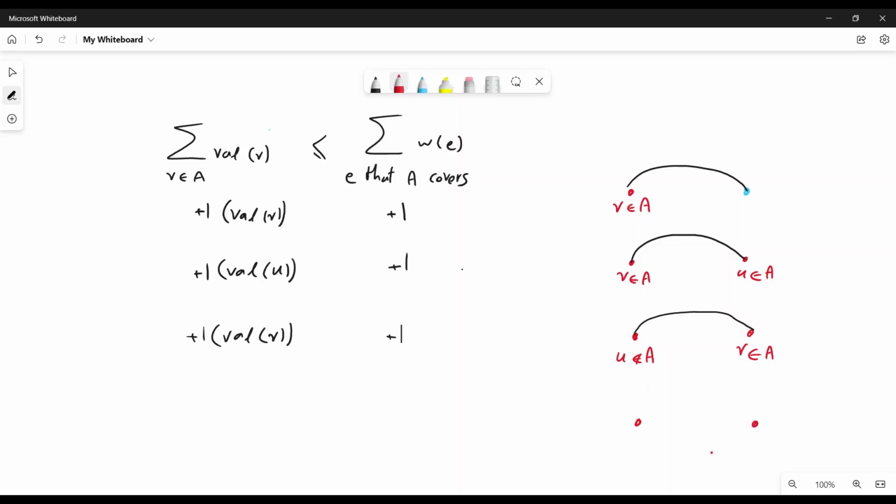The last case is that V is in A, U is not in A, but U is the posterior neighbor of V. So in this case, the edge is counted once in the right side, but it's not counted in the left side, because U is the posterior red neighbor of V, and we do not count this edge in value of V. So according to all these things, we proved that the left side is less than or equal to the right side.